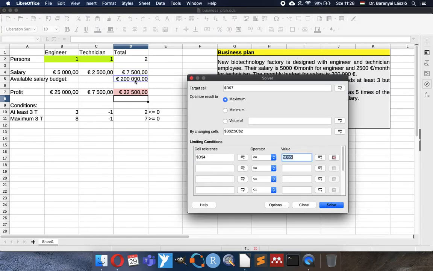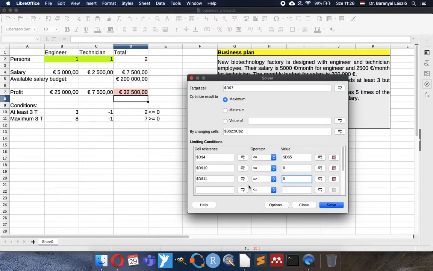It cannot be higher than the budget we have. And regarding the at least 3, maximum 8 technicians, we already composed that the calculated result in the first case must be lower than or equal to 0. And for the next one, the maximum 8 technicians, it is equal to or higher than 0.